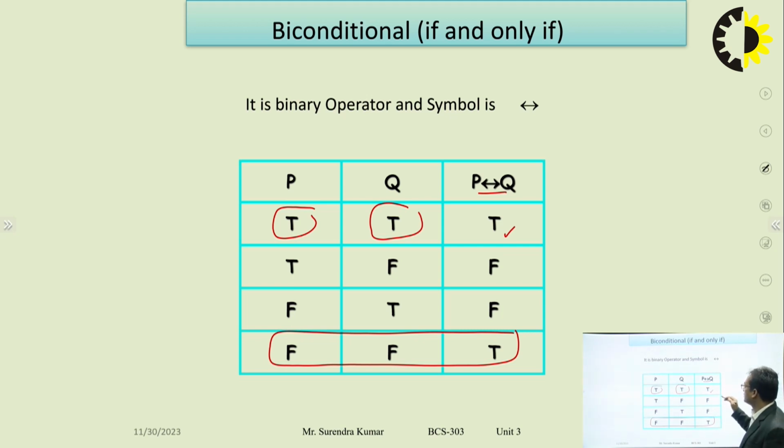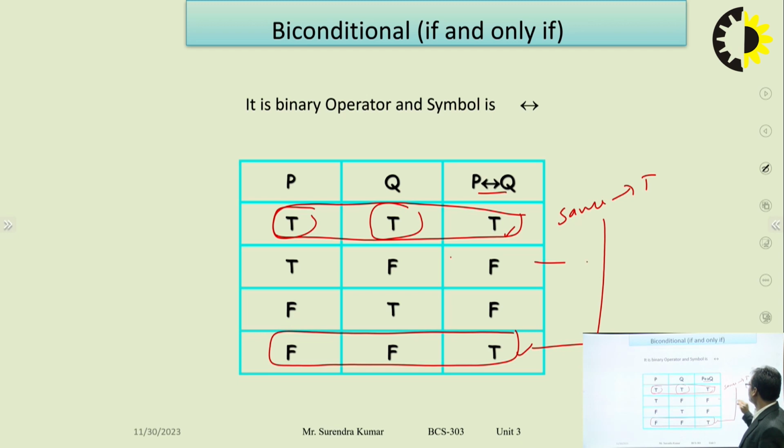In XOR, when both are the same, it will be false. But here, if both values are true, or both false, then it will be true in these two conditions. If the values are different, then it is false, and for the same values it is true. So in this way you can represent the biconditional.